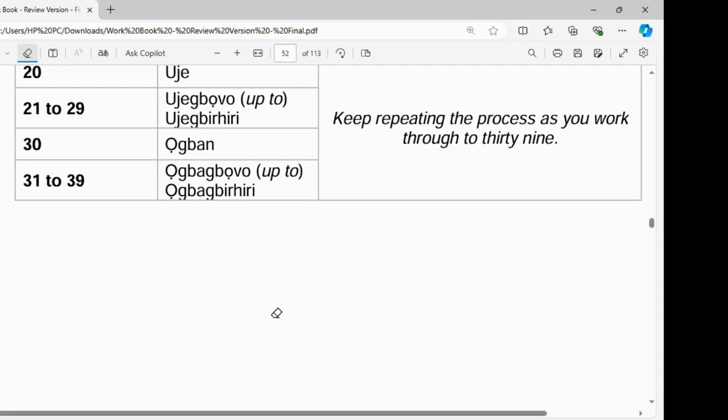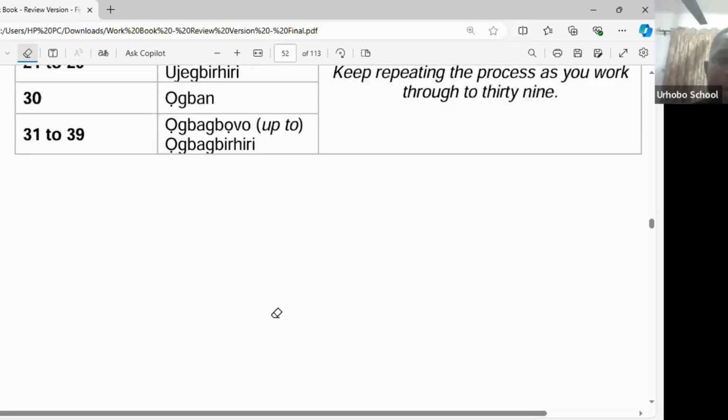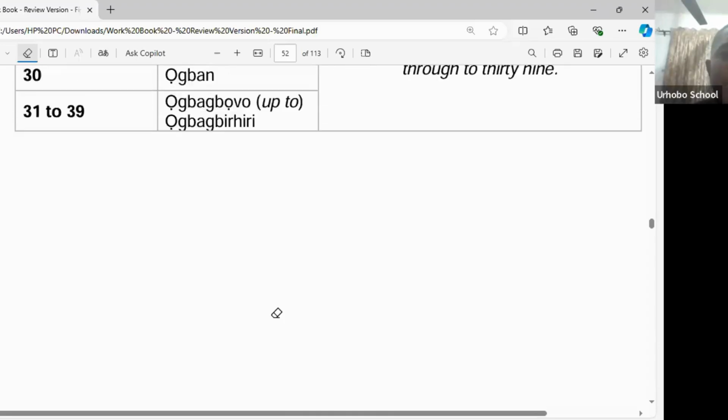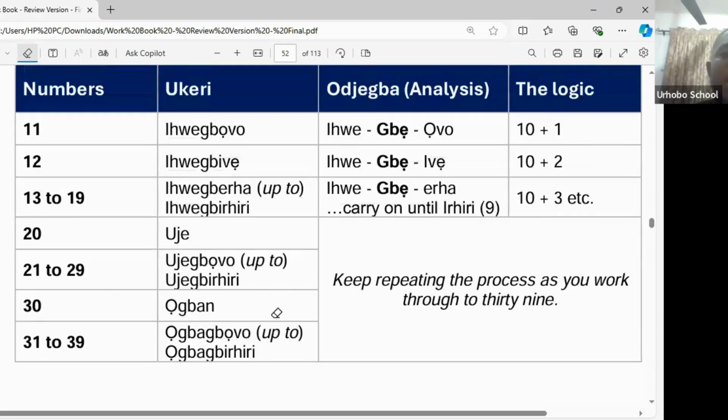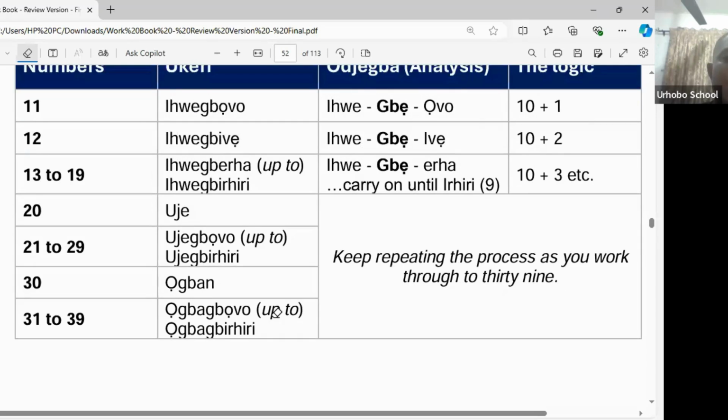Yes, Ogba Gwiriri. Good. So that is how we get it. We know that 10 is Iwe, 20 Uje, 30 Ogba.